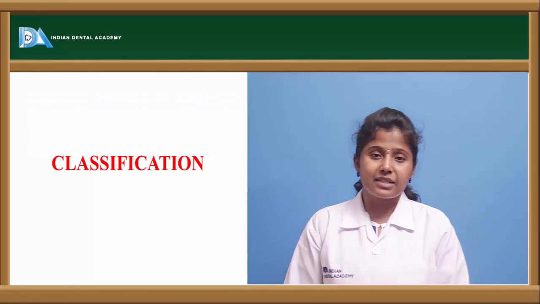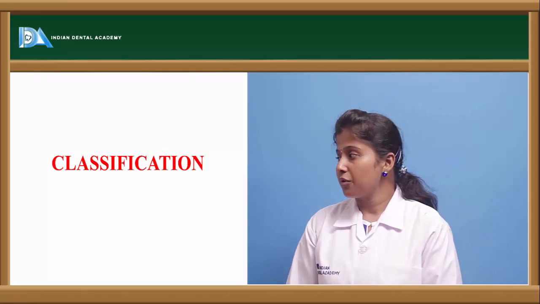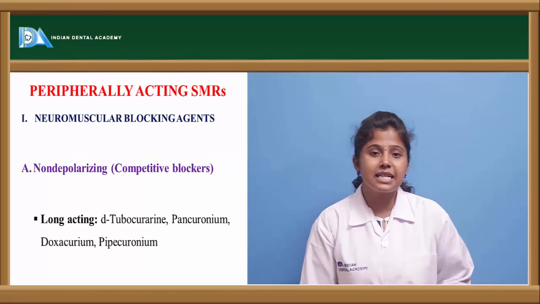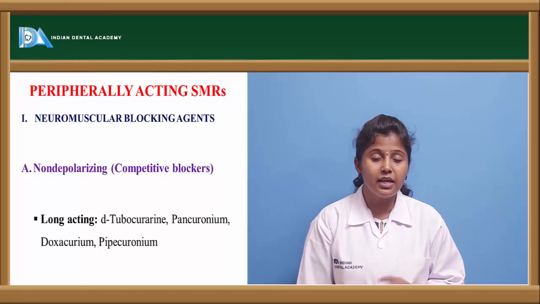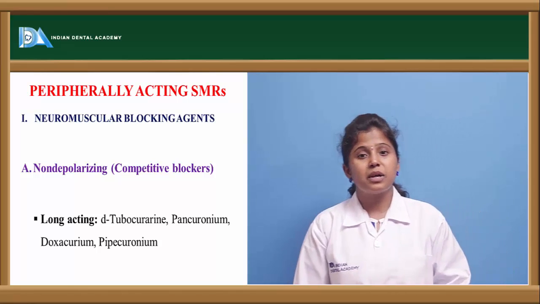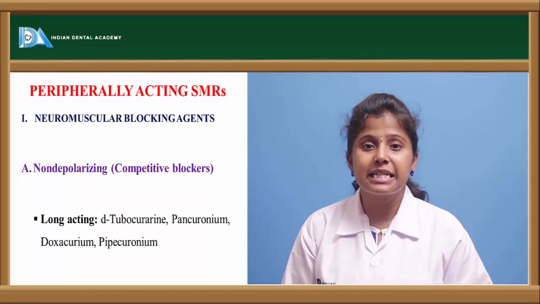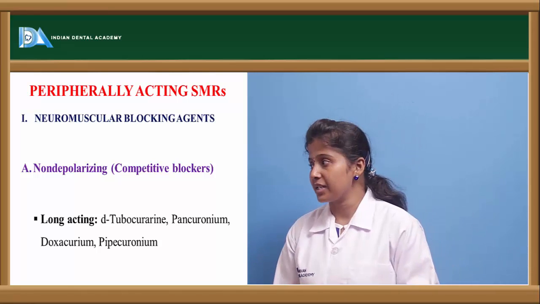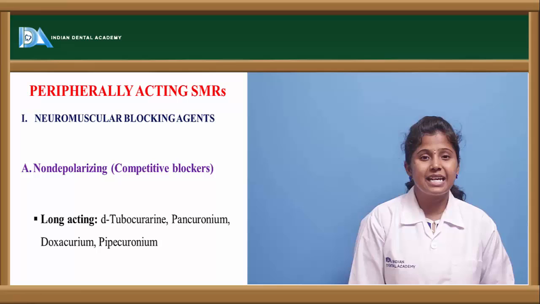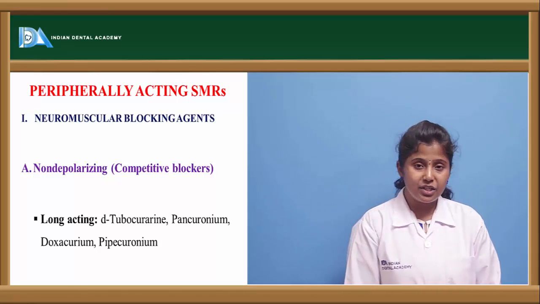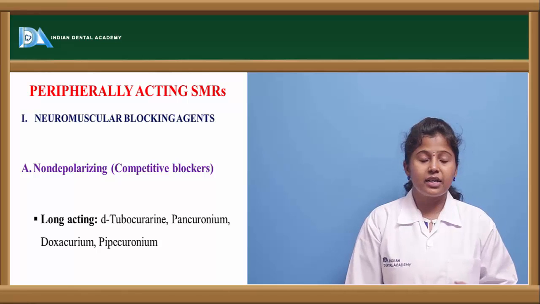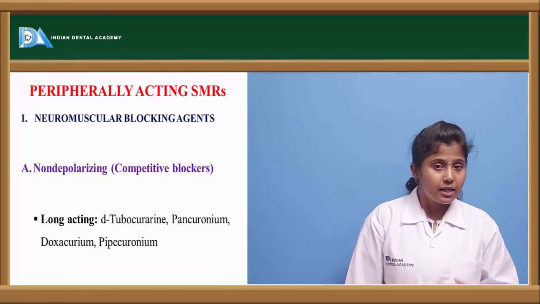Now let us see the classification of these drugs. These skeletal muscle relaxants are divided because they act both centrally and peripherally. So they are categorized as peripheral skeletal muscle relaxants and central skeletal muscle relaxants. Peripherally acting skeletal muscle relaxants are neuromuscular blocking agents, which are further classified as non-depolarizing and depolarizing.